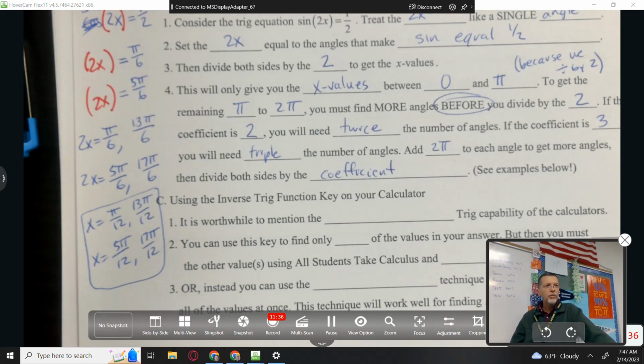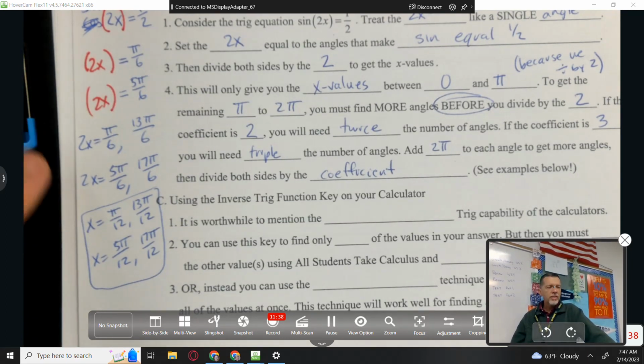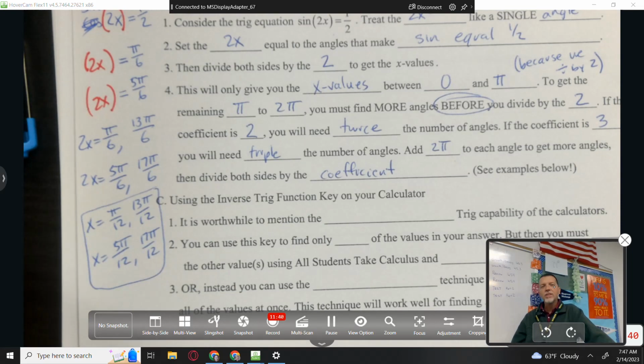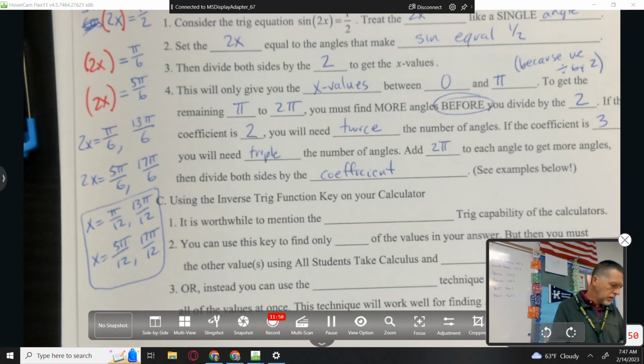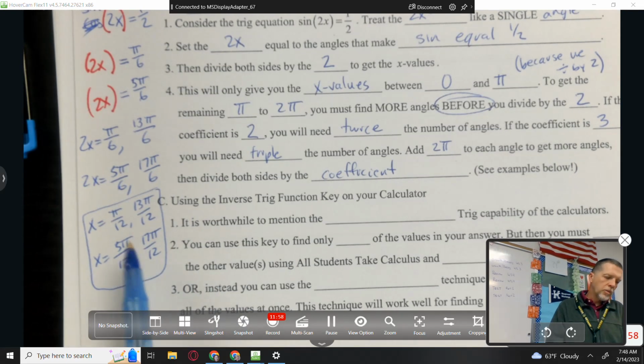Normally we think we have 2 solutions, but the 2x doubled our number of solutions. It's an easy way to think of it. All right, we'll work some more of those in a minute.